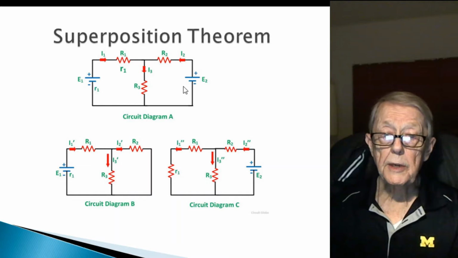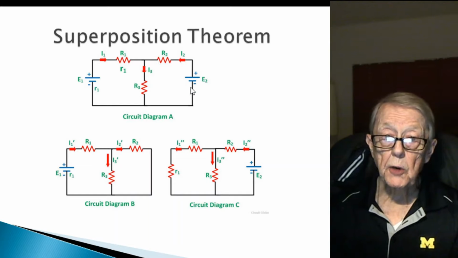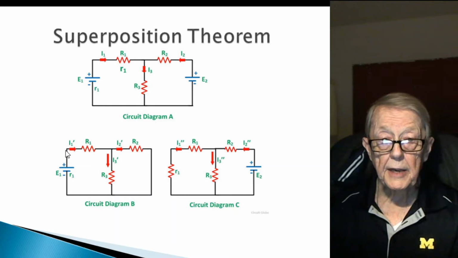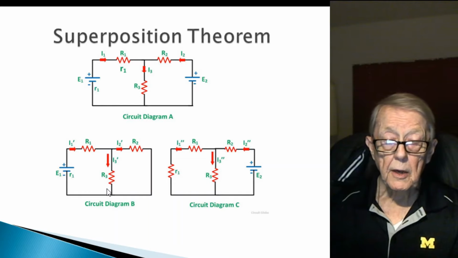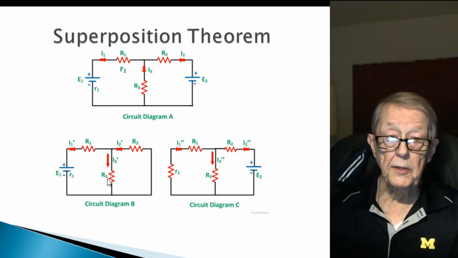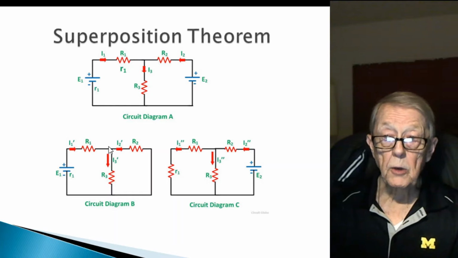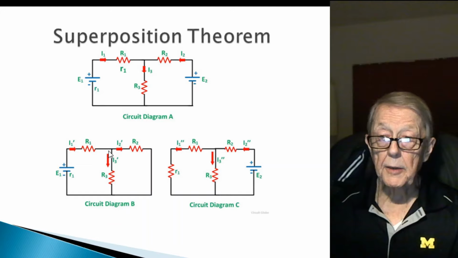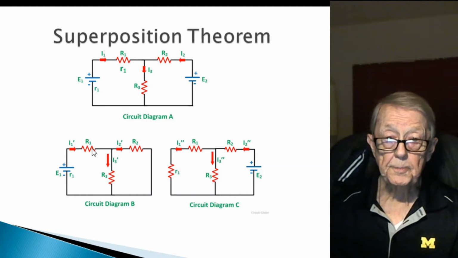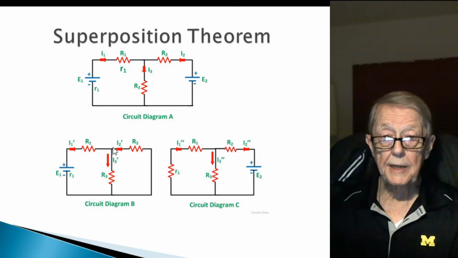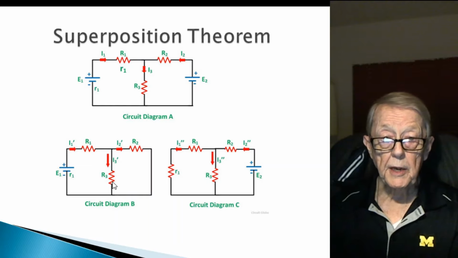In the first case, you eliminate this source and just short it out, and then you do the calculation. You get current flowing this way, and it splits here, down there and there. By the way, these are the parallel resistors, and that current knows which way to go. I explained that in the parallel resistor video, that it's decided right here at this connection point. So you can calculate this.